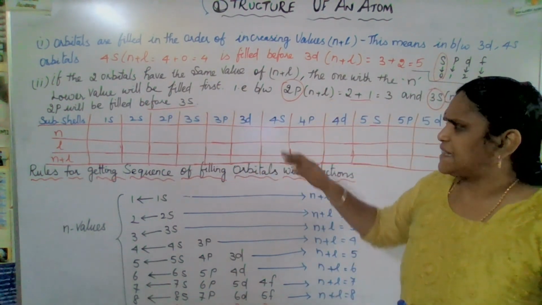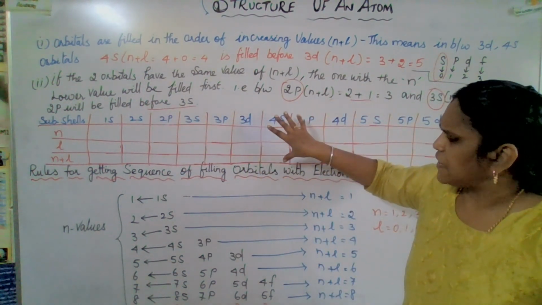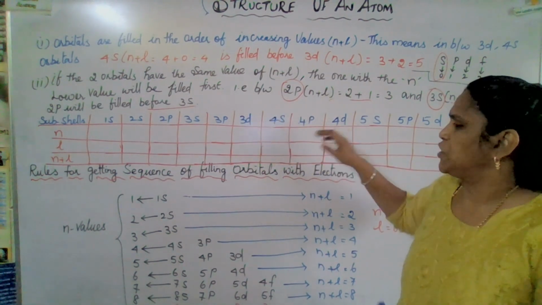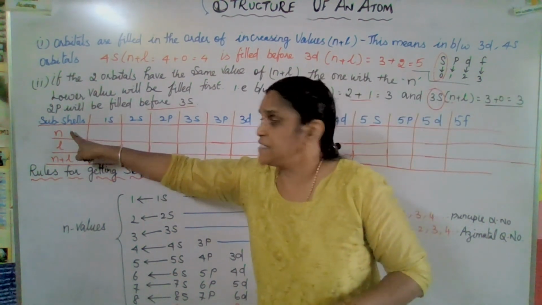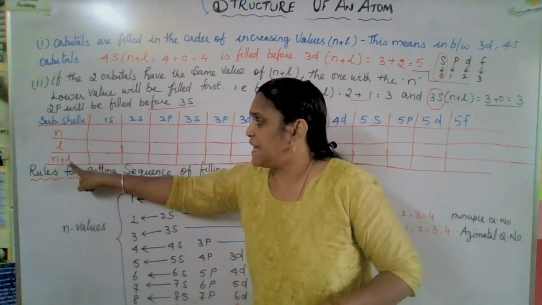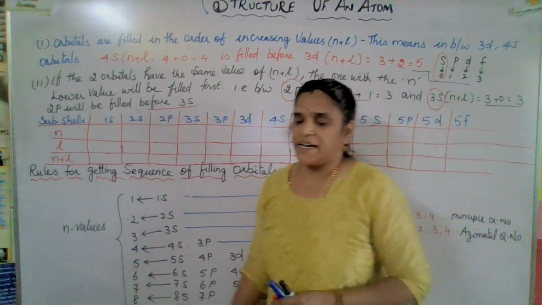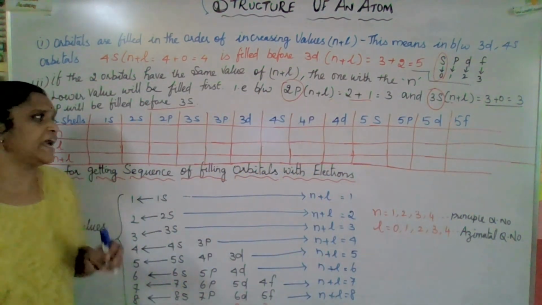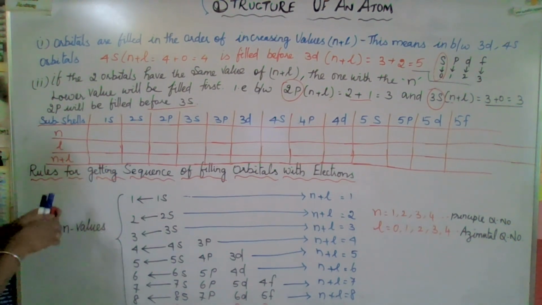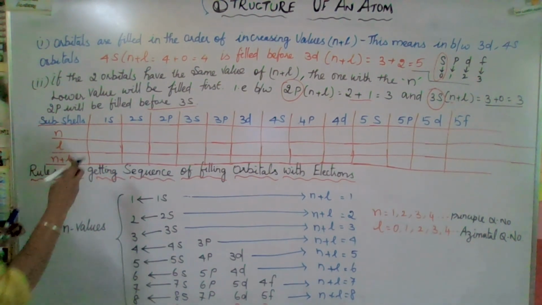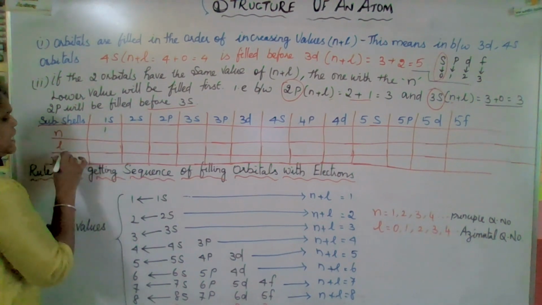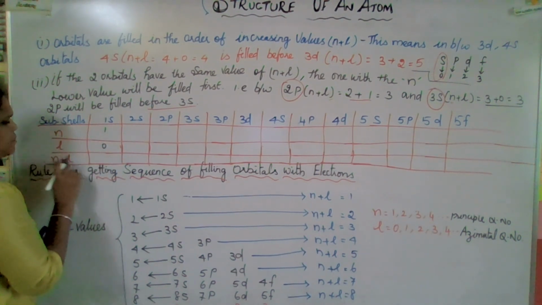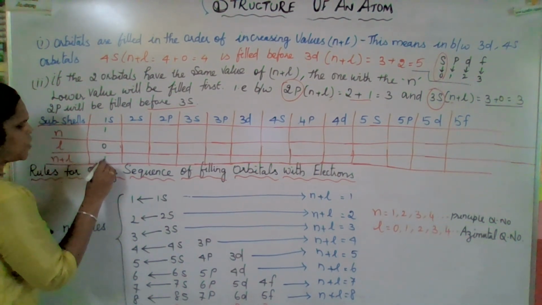I will give clarity about this: columns, subshells, n, l, n plus l. Now let us consider it with that clear idea. How to fill? Here 1s means n is 1, l equals 0, so n plus l is 1 only.